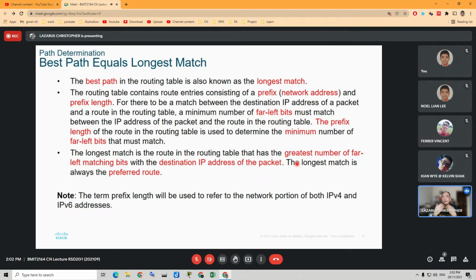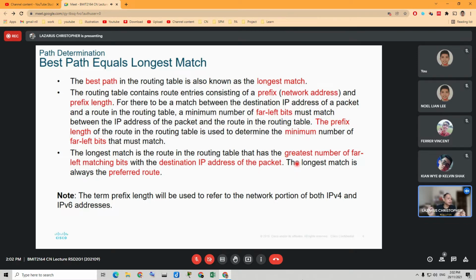And from the router's point of view, the longest match is always the preferred route. The longest match means how many bits from the left it matches. The more bits you match, the longer the match. So the preferred one is the one that matches the most bits, which means the longest match.